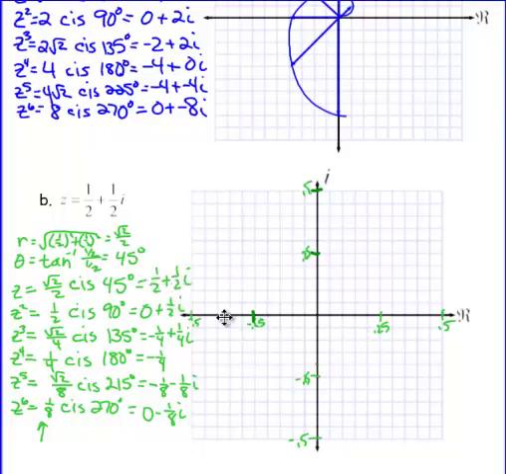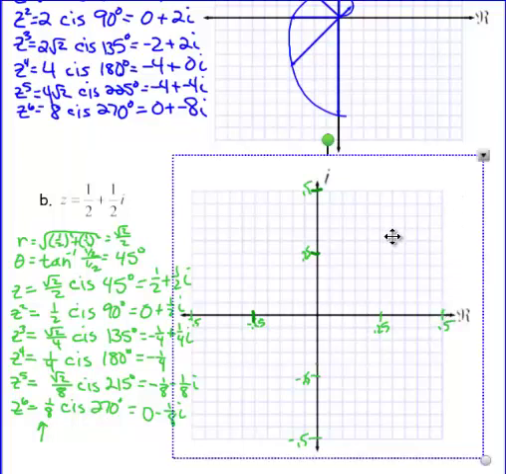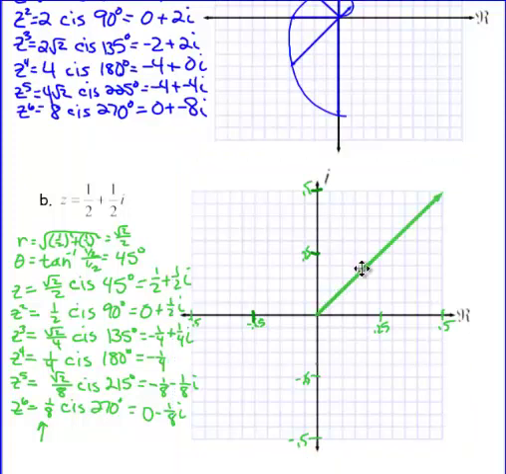So 1/2 plus 1/2 i. I go to 1/2, 1/2 and get a vector that goes out that direction. So there's my vector. 0 plus 1/2 i, so I'll have one on this vertical axis. -1/4 plus 1/4 i, I'm going to have this vector right here. I feel like I missed a vector. Oh, that's a positive 1/4 I did, that one.